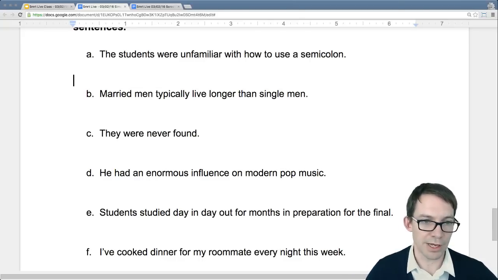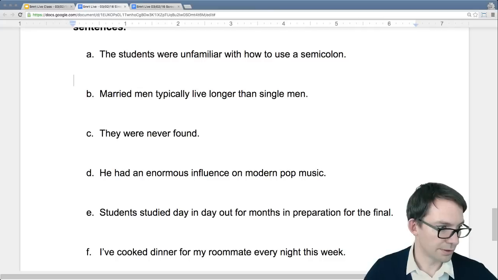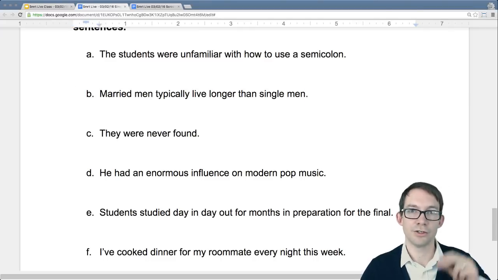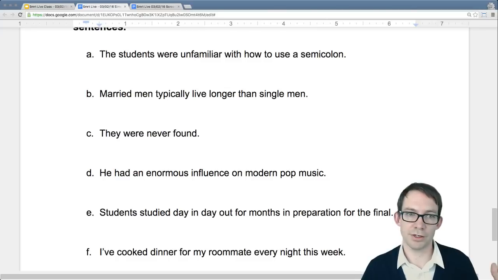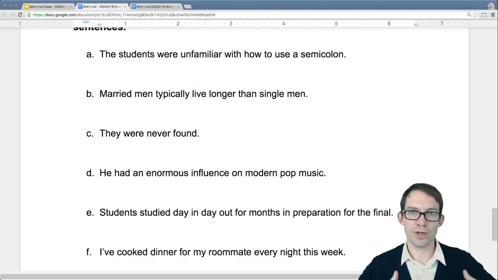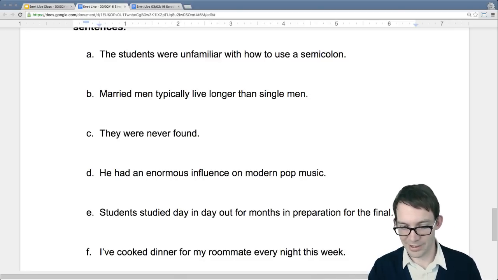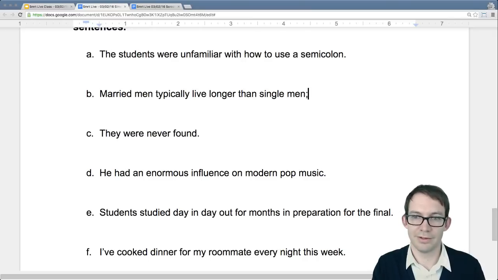So let's look at B. It says, married men typically live longer than single men. So what you have to do is either here or before it, just use the right punctuation and linking words and create a new compound sentence. So married men typically live longer than single men. What can you say?